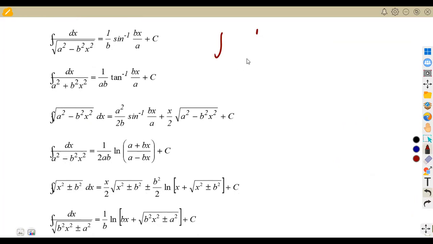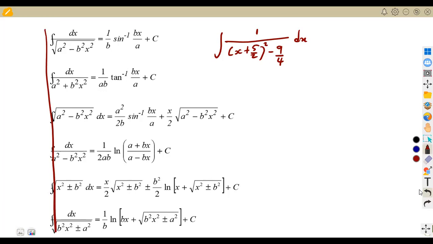It was given as 1 over x plus 5 over 2 squared minus 9 over 4, like this. That was our question. So we want to check what is going to be the best formula to use here.